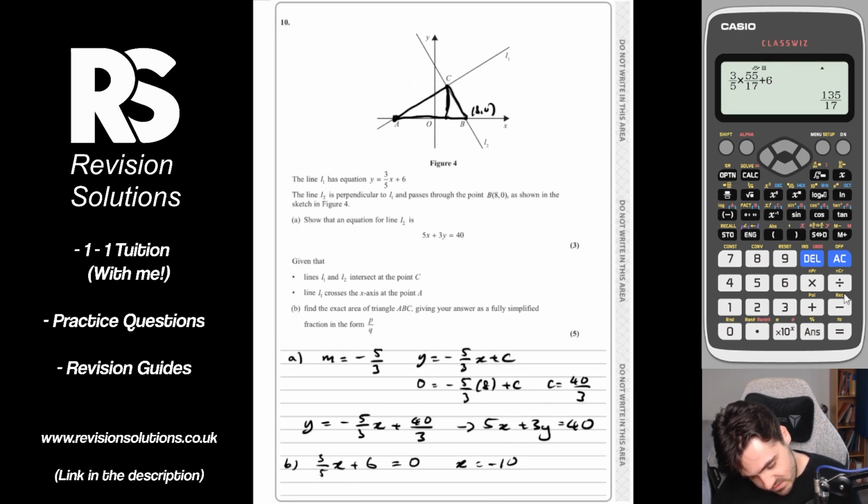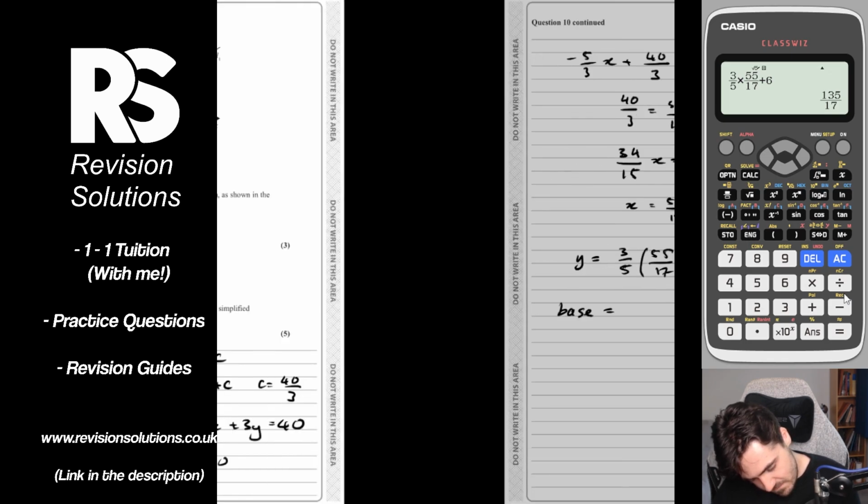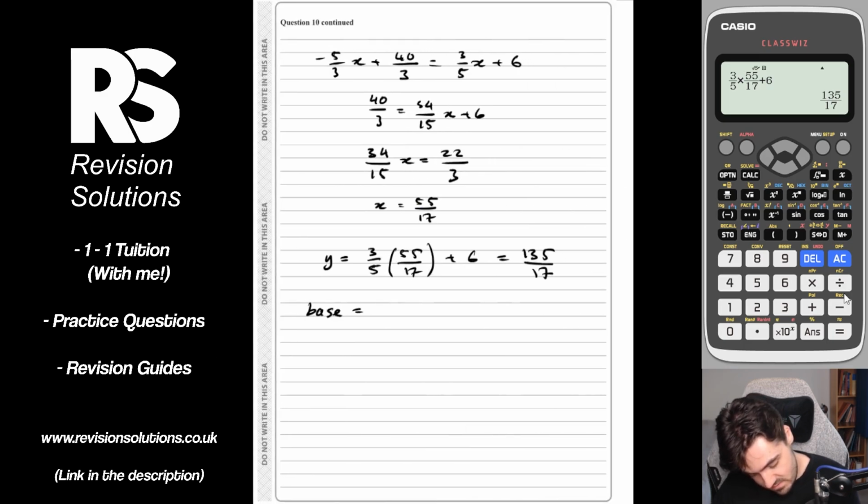The base is going to be the distance from A to B. So the base we can get to be, it's going to be 8. Well, it goes from -10 to 8. So the base is just 18. So then our area is a half base times height, or a half times 18 times 135/17.